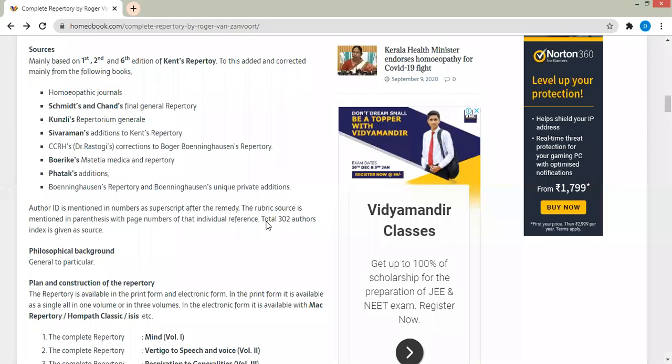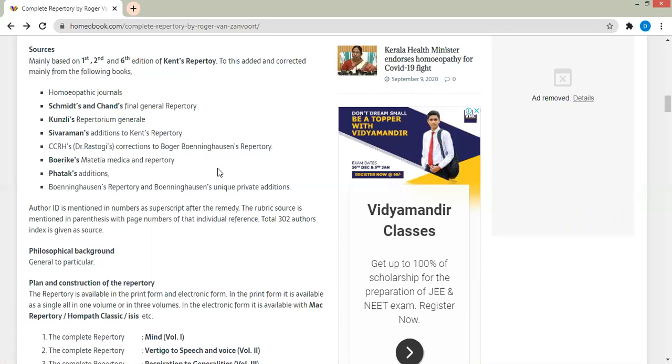So these are all sources as well as the books, and with these books he also collected important information from all existing repertories, including the synthetic repertory.